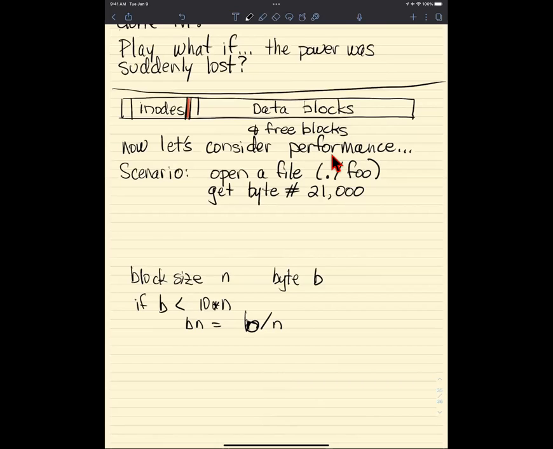It'll be a pointer that's pointing to the block holding byte number b. All right, so where did the 10 come from? I remember you writing the math, but I do not remember the math. I also drew a picture.